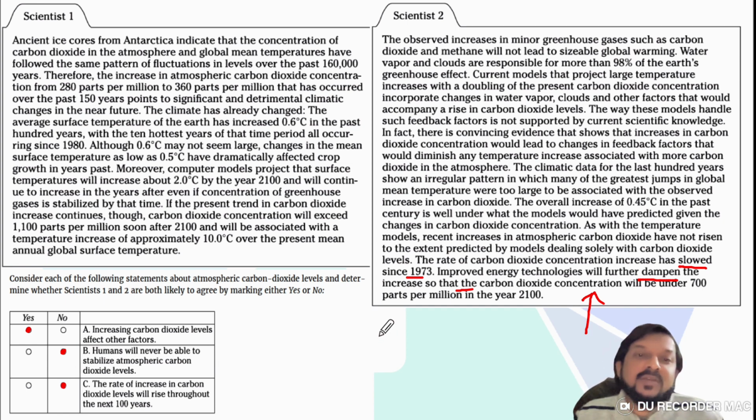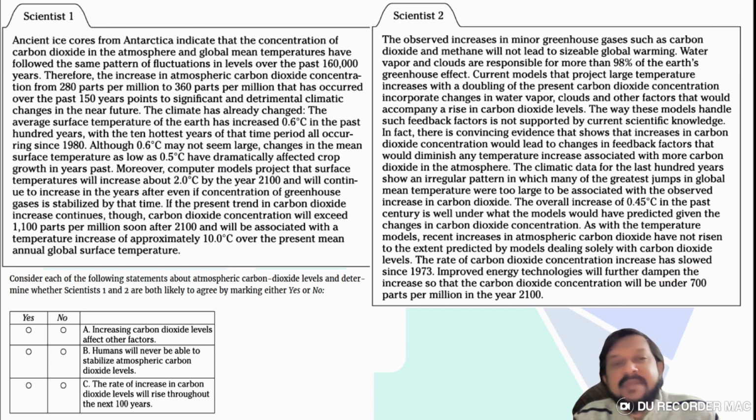This is typically how the question will look, and as I said, approximately 2 to 3 minutes per question will be the standard time required to solve it. So just to summarize whatever we have discussed today, make sure that you read the passages very carefully, and read the data very carefully.